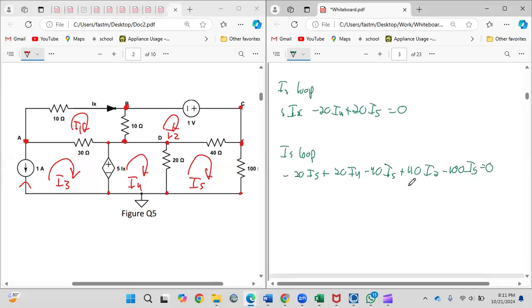Alright, the last thing you have to write is your dependent sources. You have one dependent source, which is Ix, but in loop analysis now, Ix would just be I1, because it's literally in the same direction.